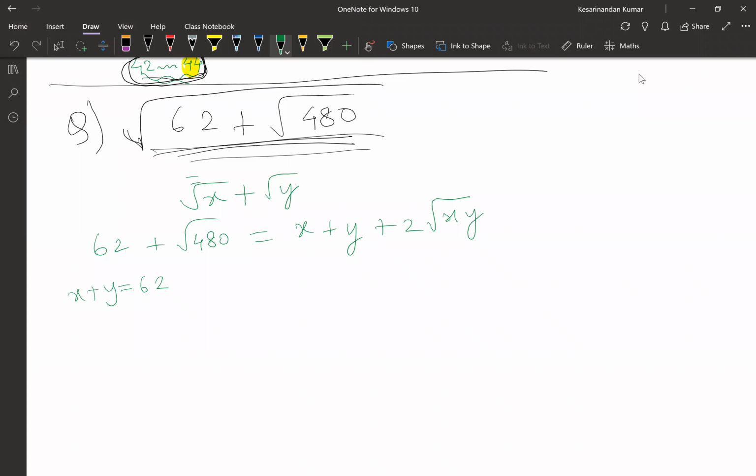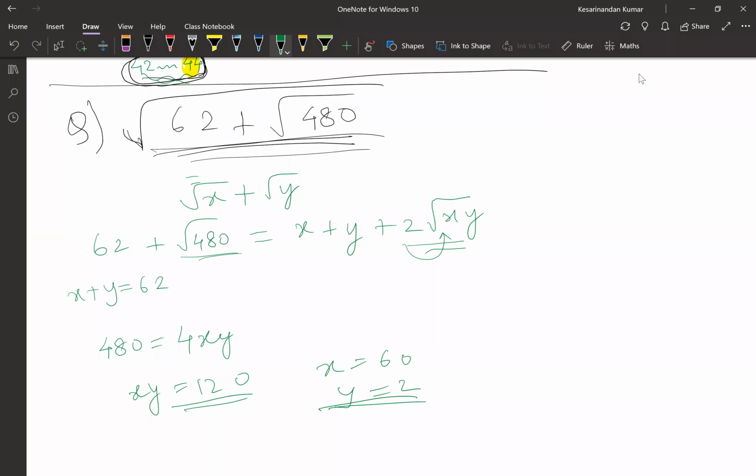And if I compare the square root part, 480 is equal to 4 into xy. 2 will go inside, it will become 4. So x into y is 120, x plus y is 62. Clearly x is equal to 60, y is equal to 2. So the square root would be root 60 plus root 2.